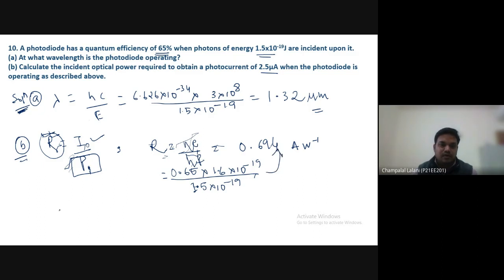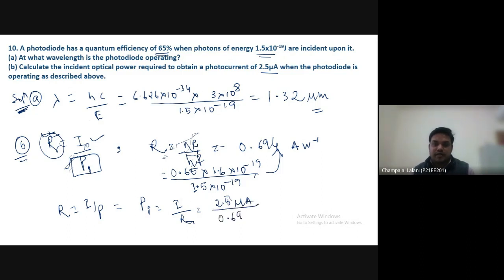Now, here R is I by P, and P incident is I by R. Put the values of I and R. I is 2.5 microampere, and R we got 0.694.